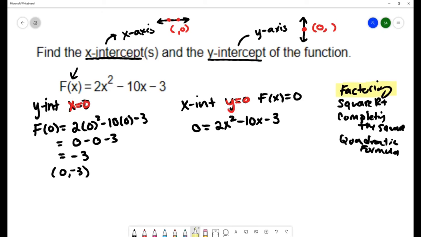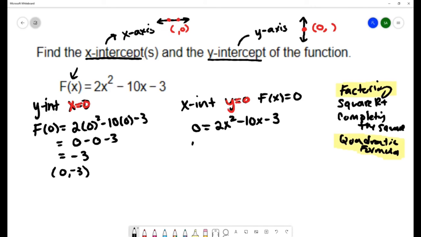So if it doesn't work, then I go to the quadratic formula. The quadratic formula is nice because it works on every single quadratic, even the ones that can be factored. So I'm going to start by trying to factor, and if that doesn't work, we'll use the quadratic formula.